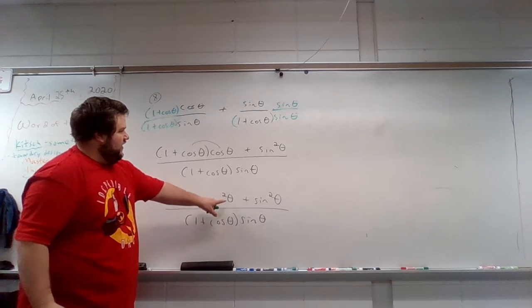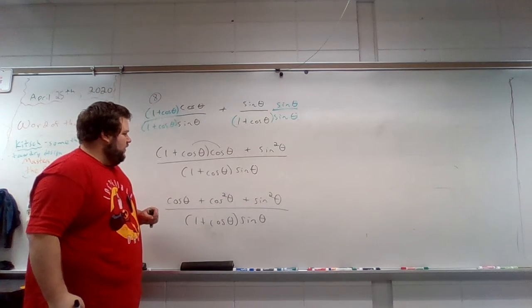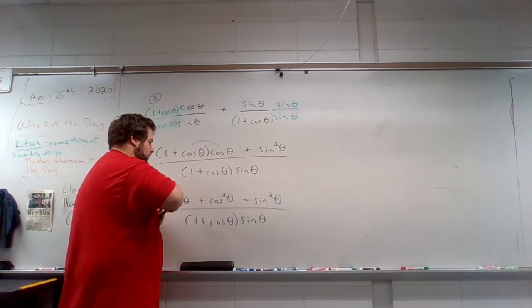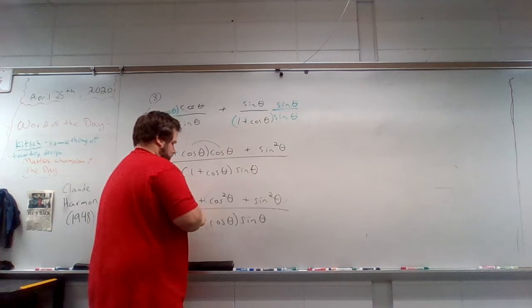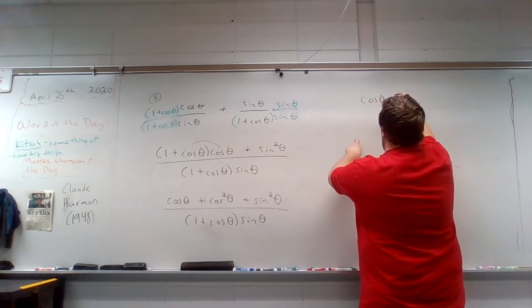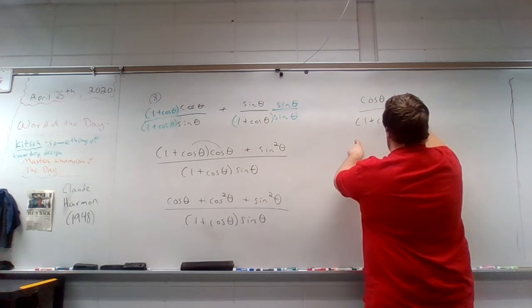Okay, so you see right here I've got cosine squared plus sine squared, and that together is just going to make 1. So this part is just 1. So I really have cosine theta plus 1 over 1 plus cosine theta sine theta.